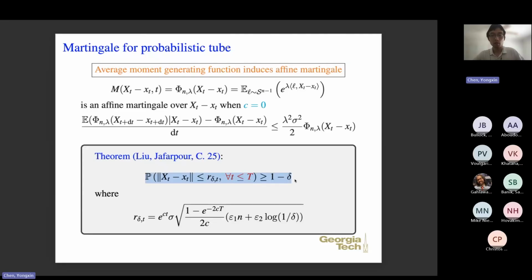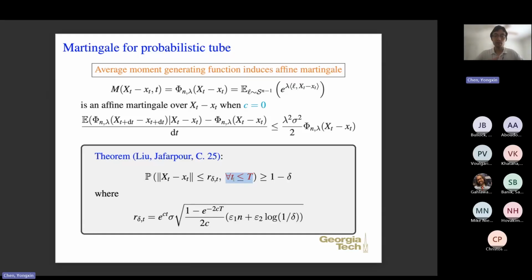Okay, so the probability that the distance between these two trajectories is less than this value, for any t in the horizon you care about, is greater than this. And this is the radius. This is very similar to the reachability analysis result. The key difference is that now we would like the probability to hold for all t.